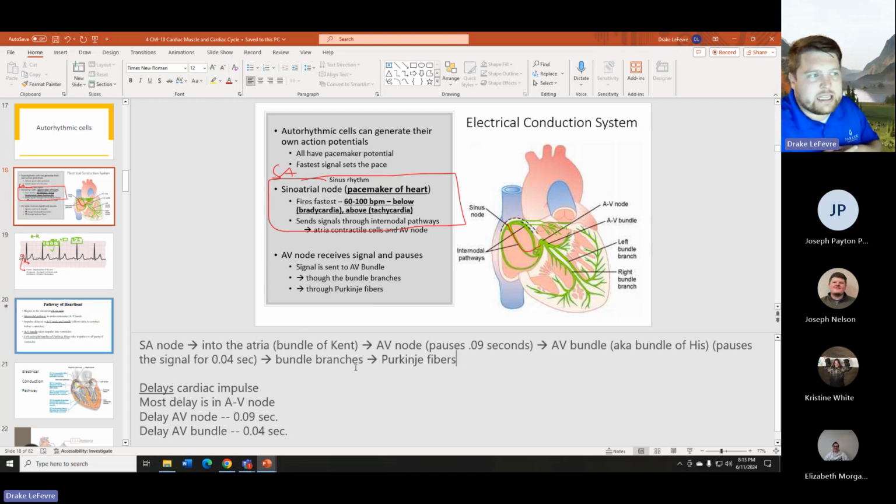When we look at the EKG and it looks funky, we can walk it back to what's happening with the electrical signal in the heart to give us the actual diagnosis of what part of the heart is having issues. Then it opens up our window of diagnoses. So we need to have this down pat.